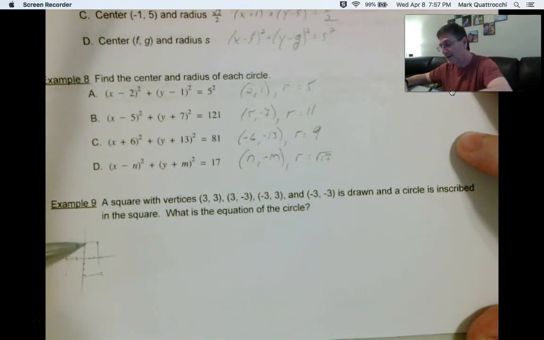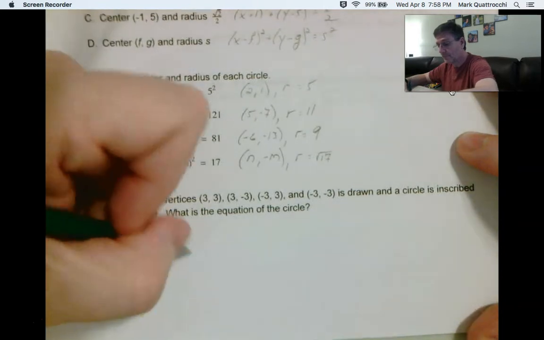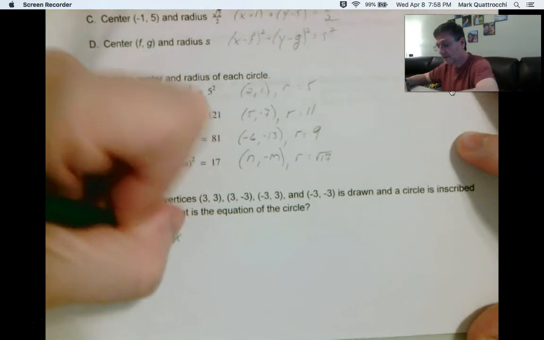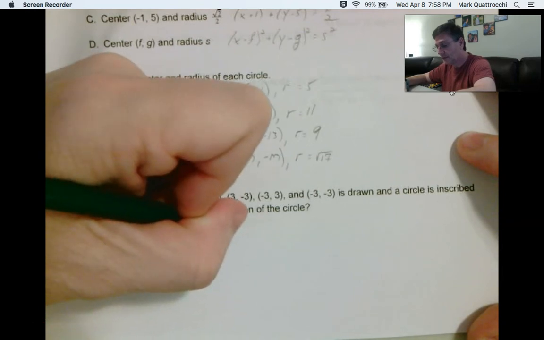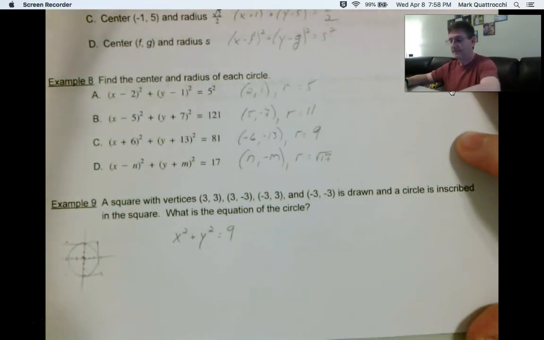Circle is drawn inside of this. Clearly it's centered at the origin. Has a radius of 3. So we have x squared plus y squared equals 9. Here's example 9.